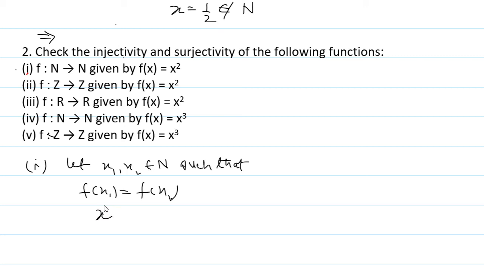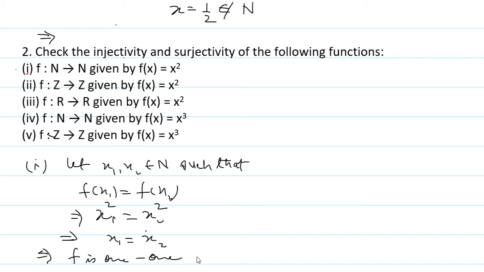Here it will be x1 squared, and this side it will be x2 squared. Now this implies x1 is equal to x2. Usually here it is plus minus x2, but as natural numbers are all positive, there will be no plus minus sign here. This implies f is 1-1, that is, the function f is injective.